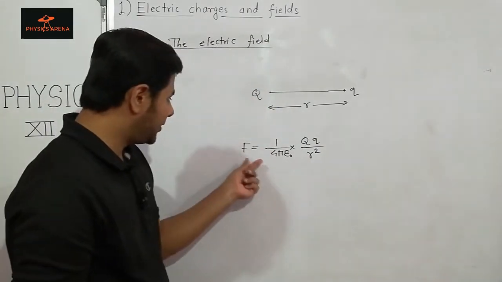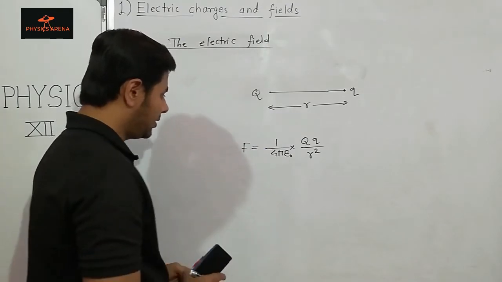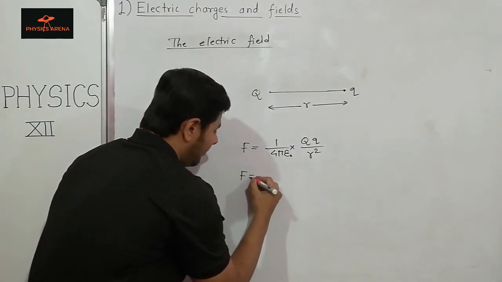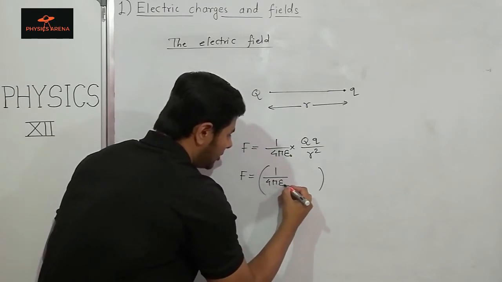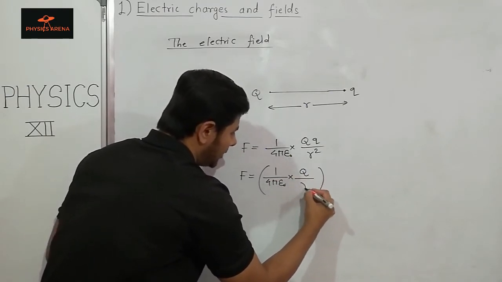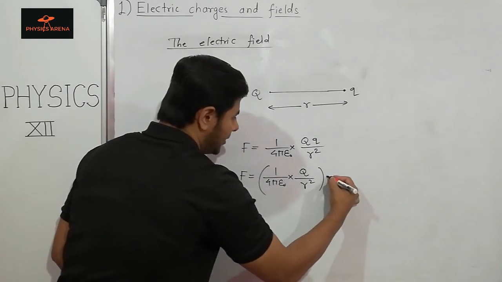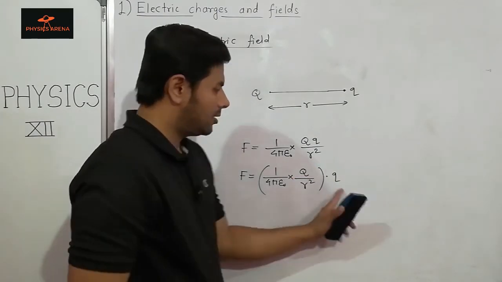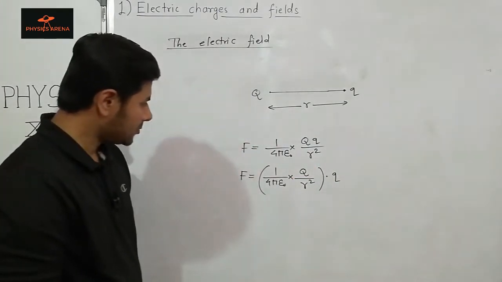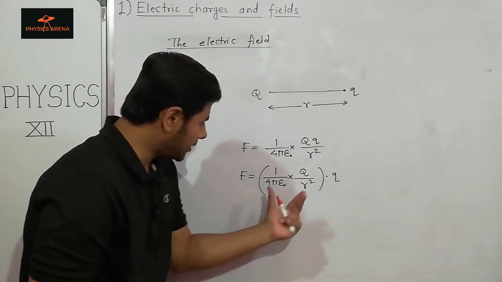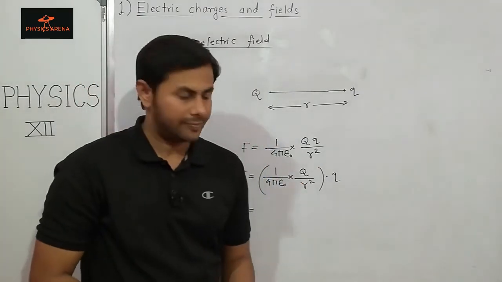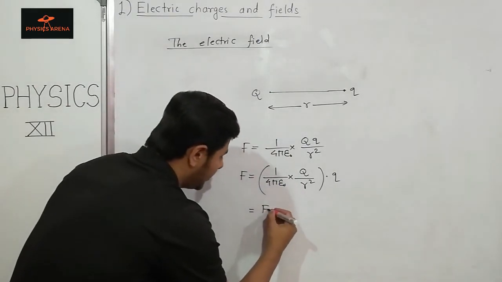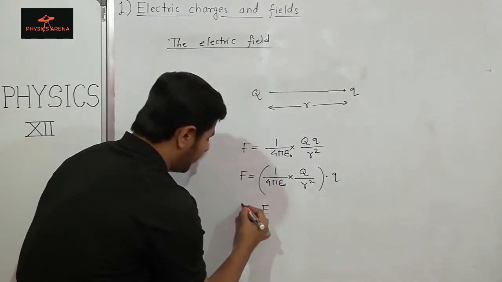So we can write this force in this form: F equals this term 1 over 4 pi epsilon naught into Q over R squared multiplied by this other charge, small q. And we call this term the electric field of this charge. So this is E of this Q.